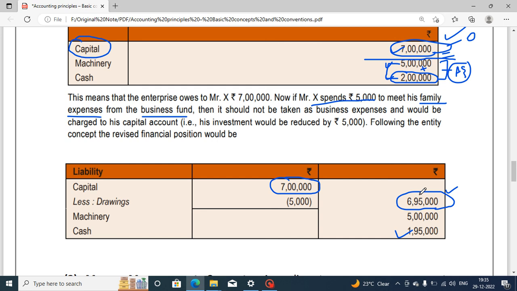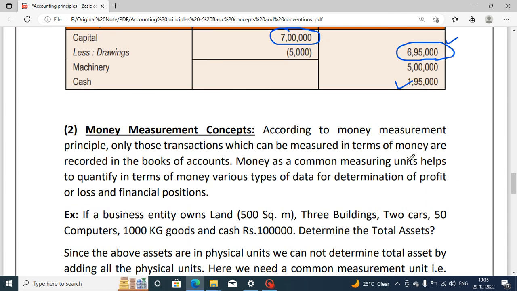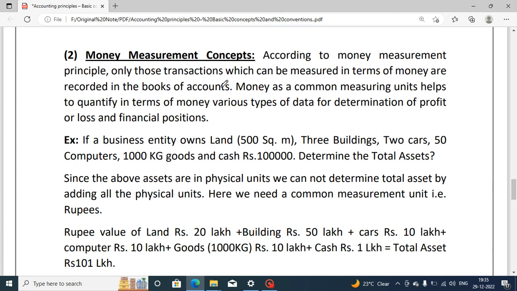Next concept is the money measurement concept. Money measurement concept means we are taking a common unit of measure, and that measure is money. Money means the currency of a particular state or nation.